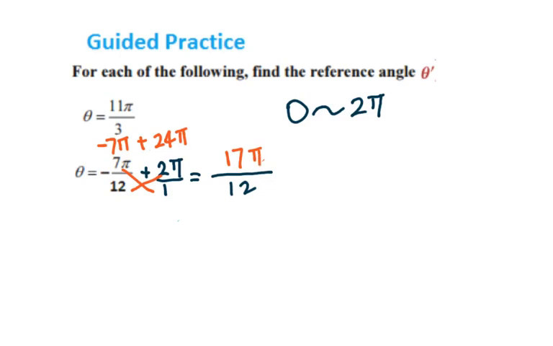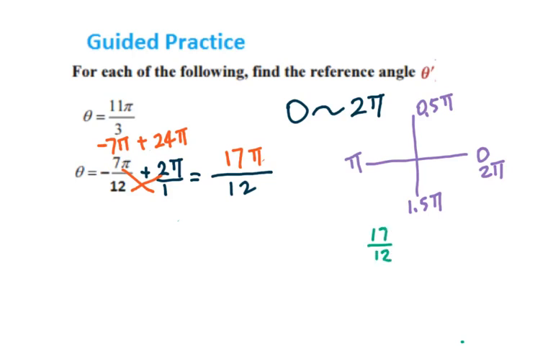Then you have to decide the quadrant. So for the quadrant, here's 0, 0.5 pi, 1 pi, 1.5 pi, and 2 pi. Since 17 divided by 12 is equal to 1.4 something, therefore it will go to the third quadrant.